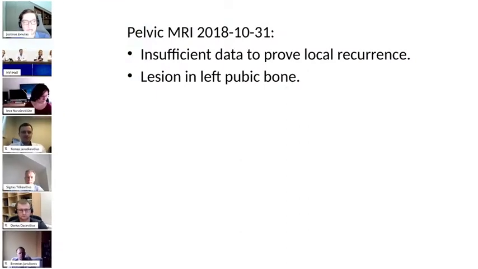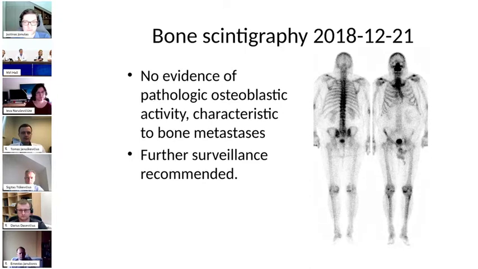As Dr. Narushevichiute said, there was insufficient data to prove local recurrence, but I suppose a lesion in the left pubic bone was also visible at the time. Bone scintigraphy was performed to rule out metastatic disease. Maybe Dr. Tiškevičius wants to add something on that matter.